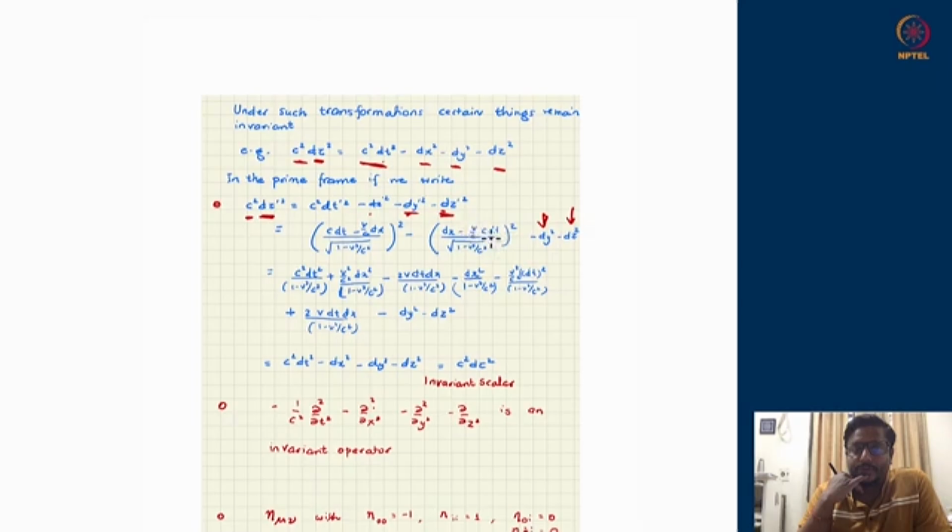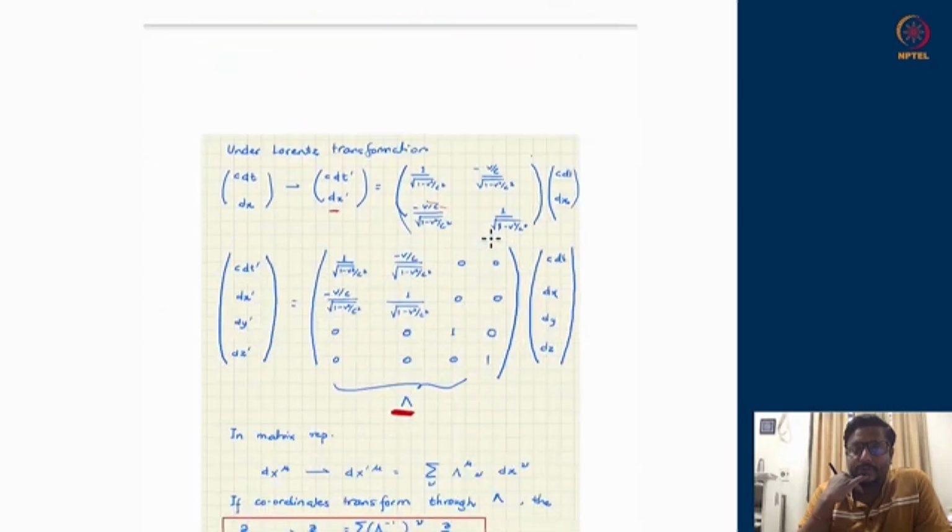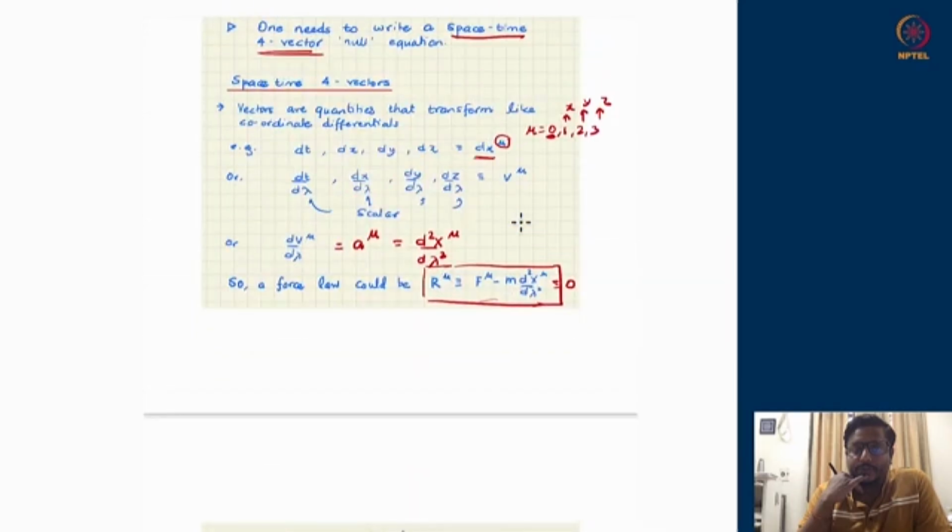This is the rule for dx, which can be obtained either from this row, or the boxed equation which we had written previously. From here you can take the derivative on both sides. You will get dx primed is equal to dx minus v by c times c dt.